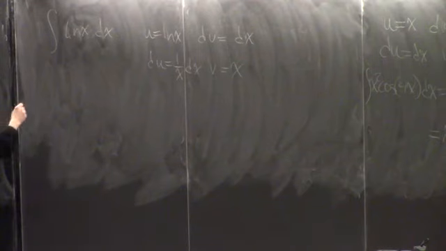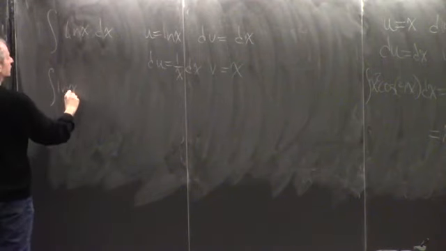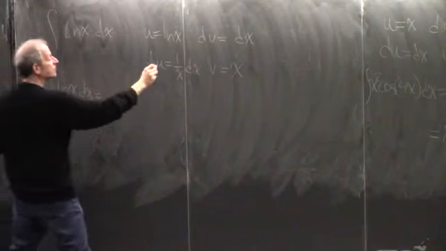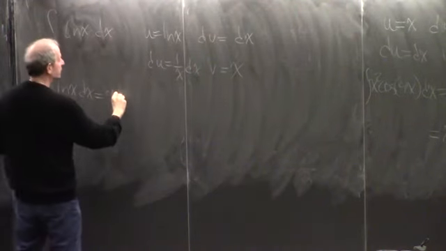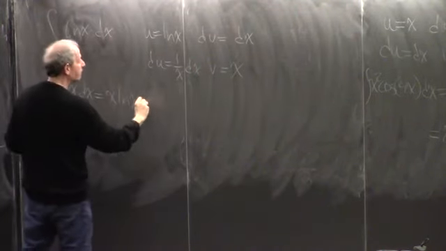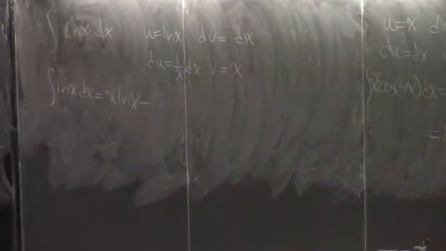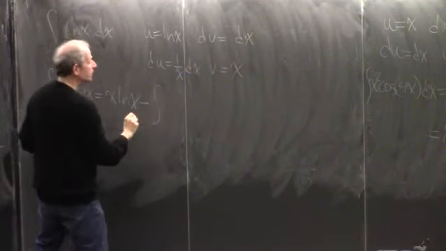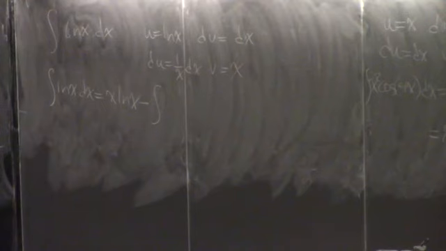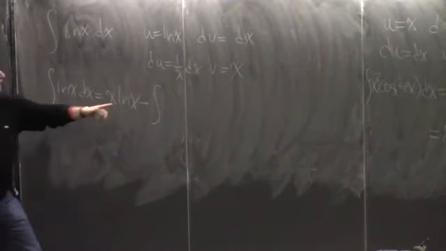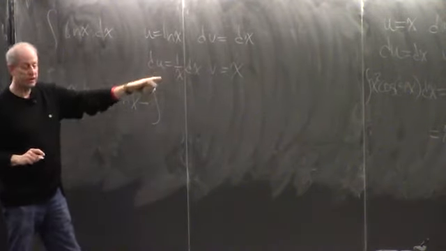So now I go to the formula. And this is u times v, which is x ln of x, minus the integral of v times du. What's v times du? X times 1 over x.